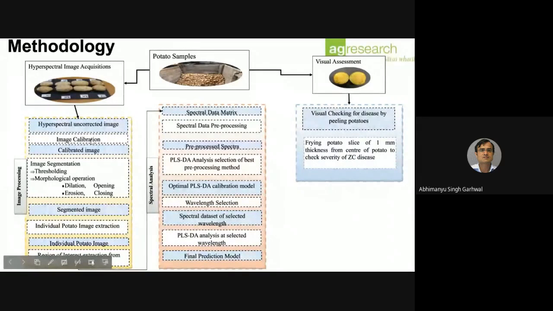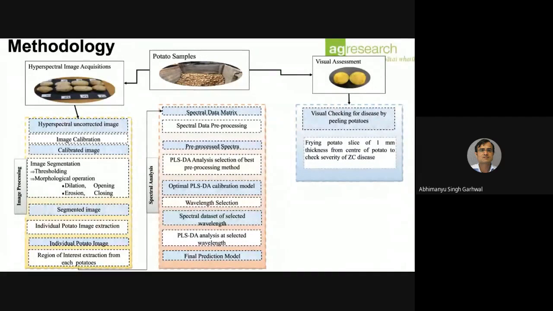Then we did some spectral analysis, so we got a spectral data matrix. We applied some spectral data pre-processing, then we got the pre-processed spectra. Then we did PLSDA analysis, then we developed an optimal calibration model. And finally, we found which wavelengths are most suitable for the model.